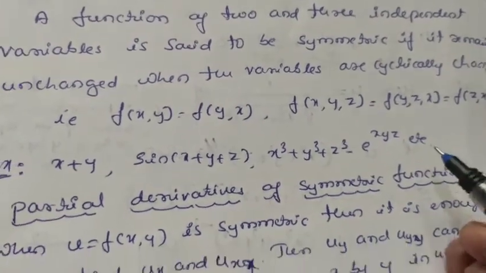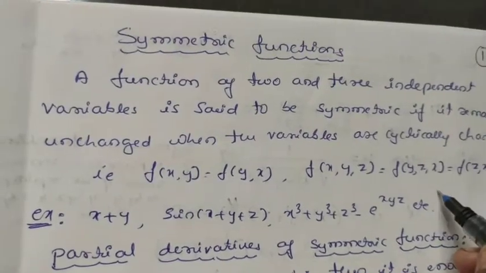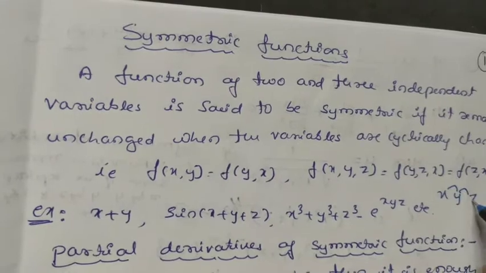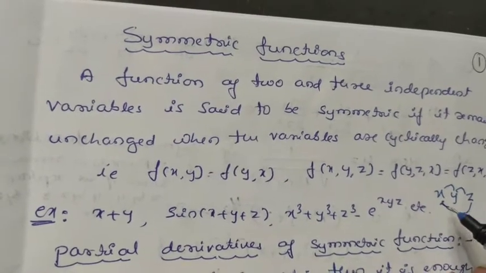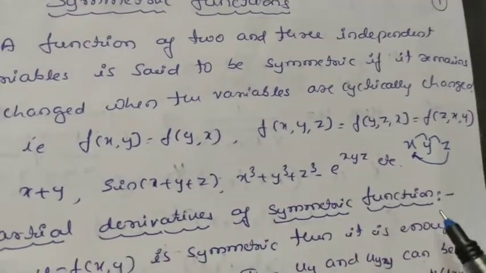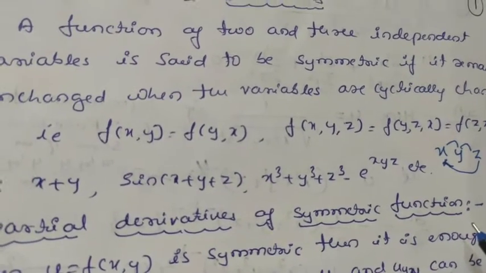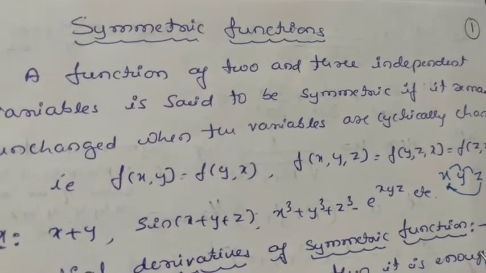Here x, y, z are in cyclic order: x is replaced by y, y is replaced by z, and z is replaced by x. Then if the function remains the same, such functions are called symmetric functions.